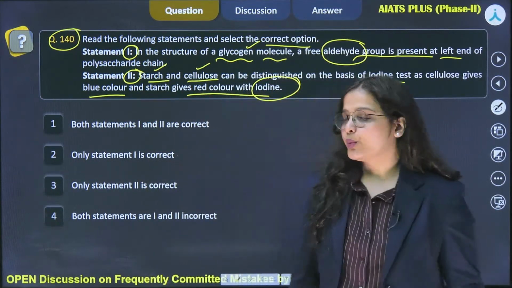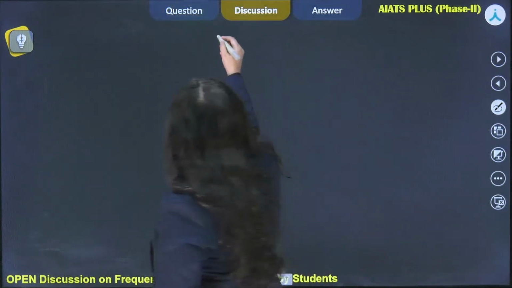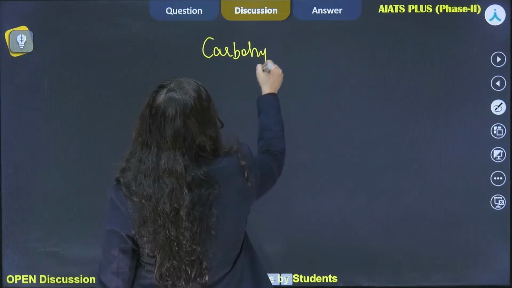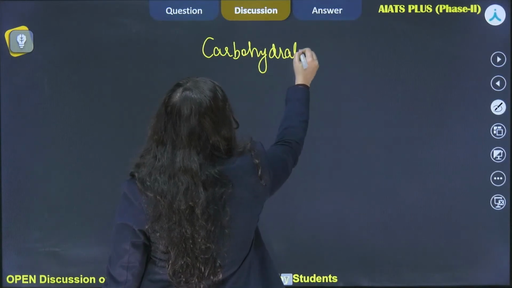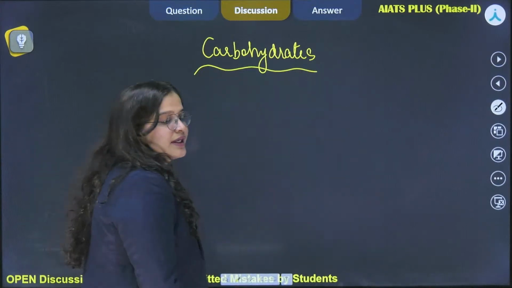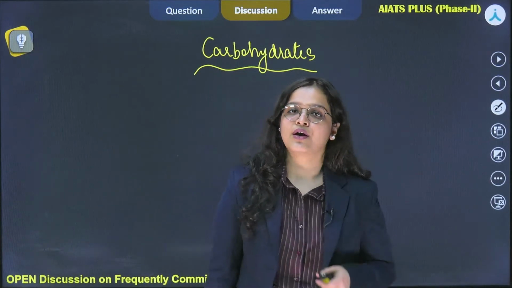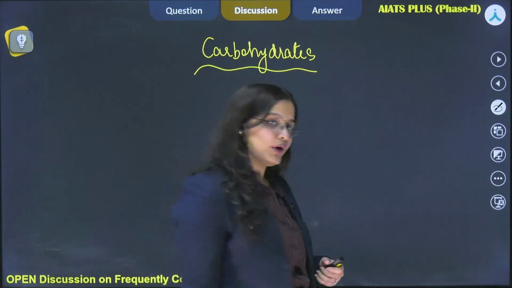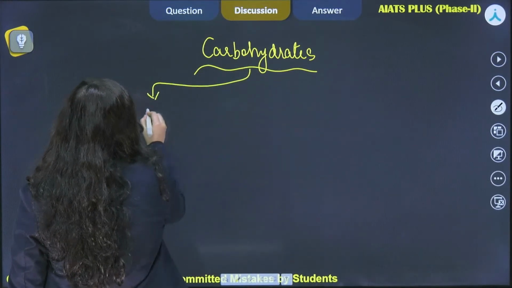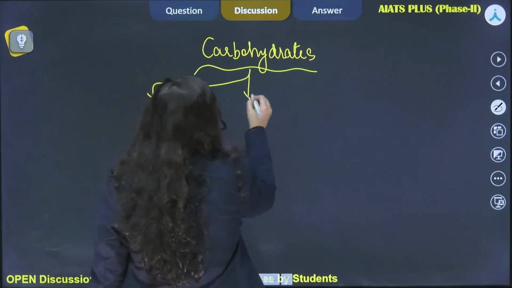So let us quickly recall the concept of carbohydrates. We all know that carbohydrates can be of different types, and they are monosaccharides, oligosaccharides and polysaccharides based on the number of monomeric units they contain.